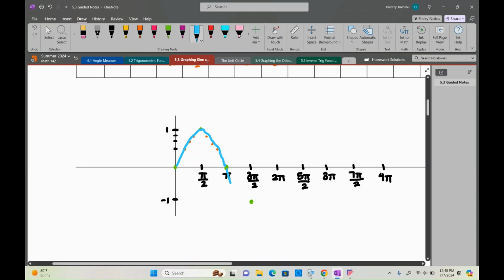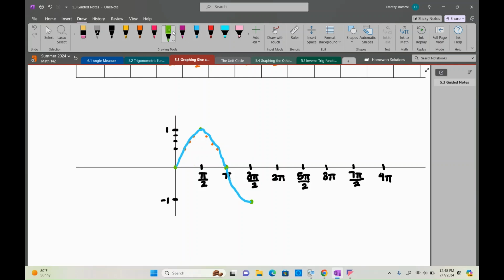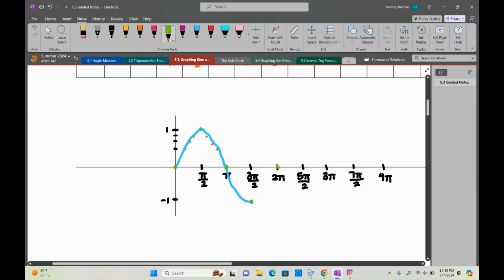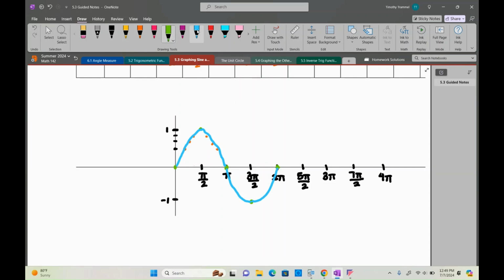Okay. And it should have some curvature to it here. And then we should go back up to the middle of the wave. Okay. We're literally just making a wave pattern here. And then at the next spot, let's see, we're going to be back up to the top.